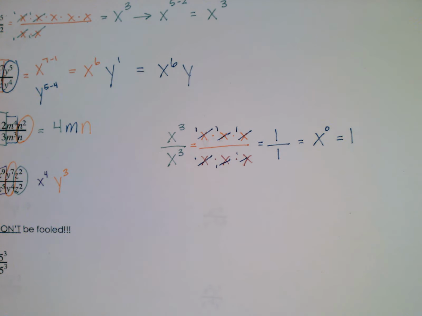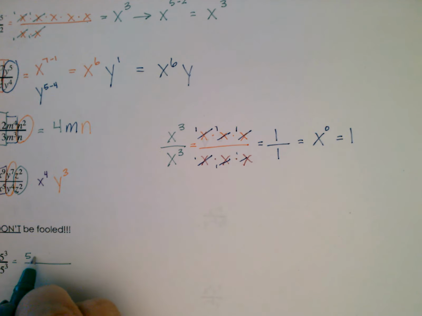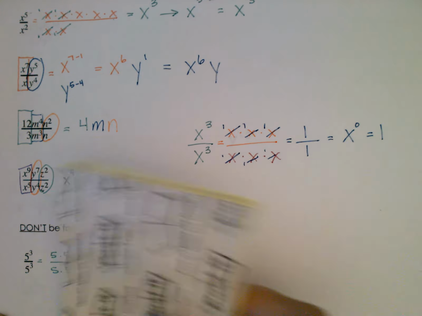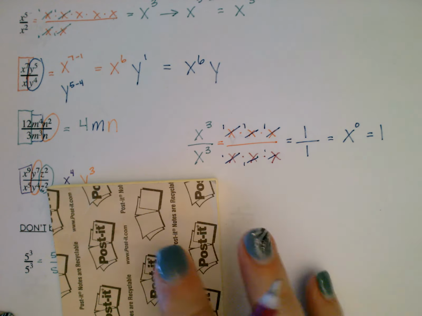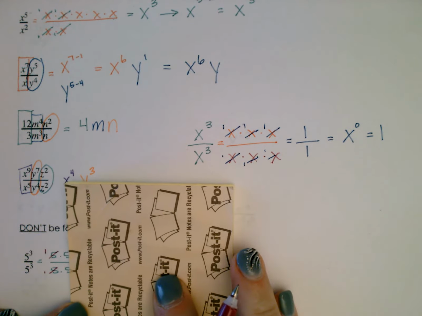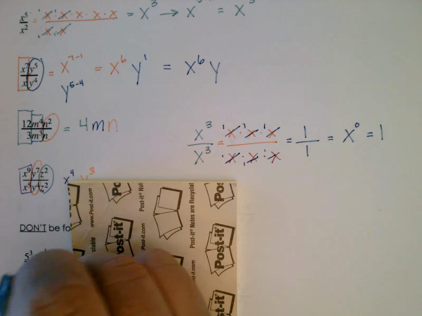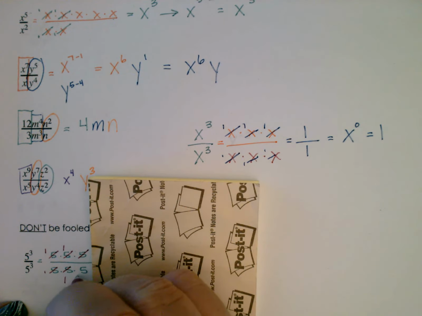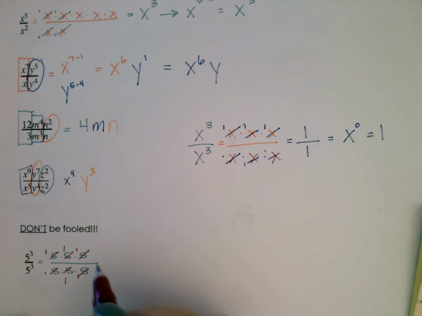Now, I'm curious. When we get to using numbers like 5 cubed, I will apply the same thing. This is 5 times 5 times 5 over 5 times 5 times 5. 5 over 5 equals 1, three times.